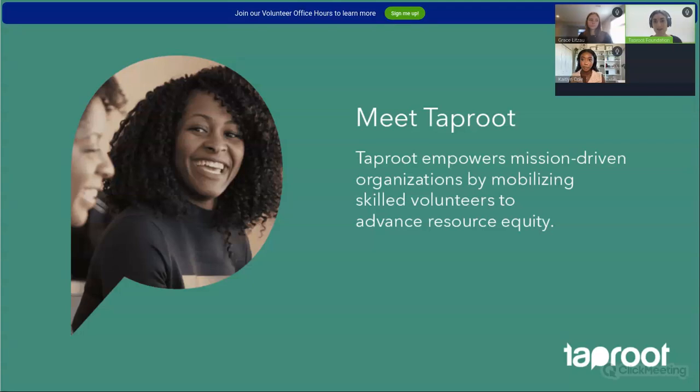Our main objective is to close that resource gap by mobilising skilled volunteers from the corporate sector in order to facilitate and democratise access to professional support and resources that non-profits are often unable to afford.